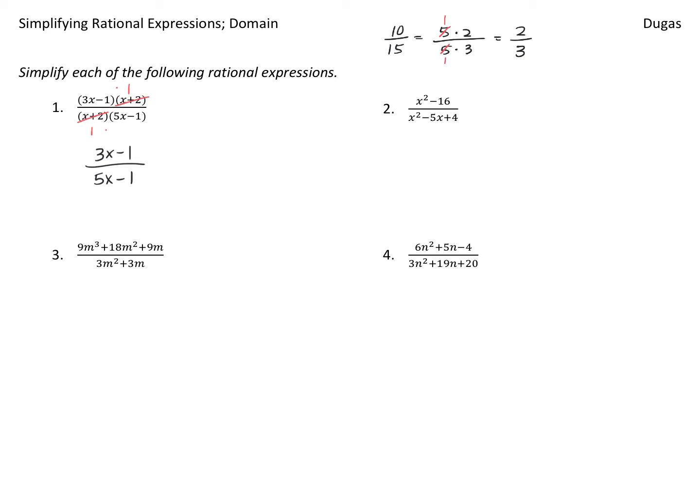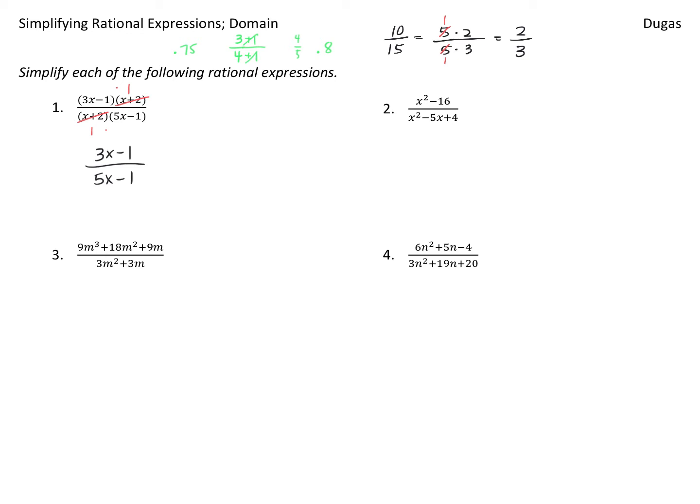Think about it this way. If you had 3/4, that's equal to 0.75. What if I added 1 to both of these? Well, that would now be 4/5. Well, 4/5 is equal to 0.8. So I can't just cross out the plus 1s and say, oh, it's the same fraction, because it's not.